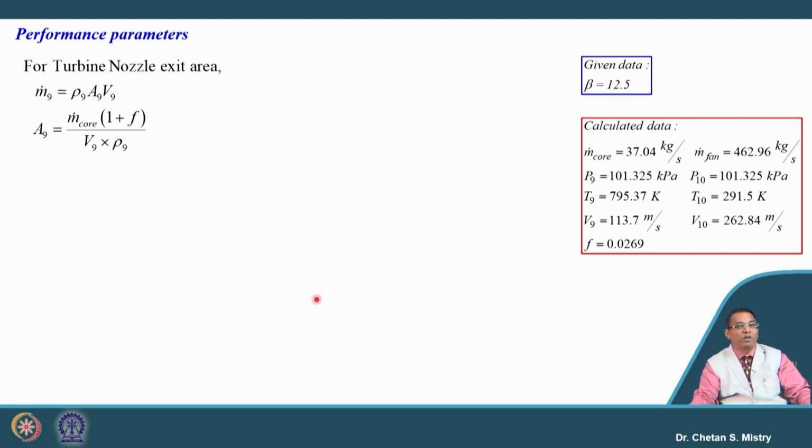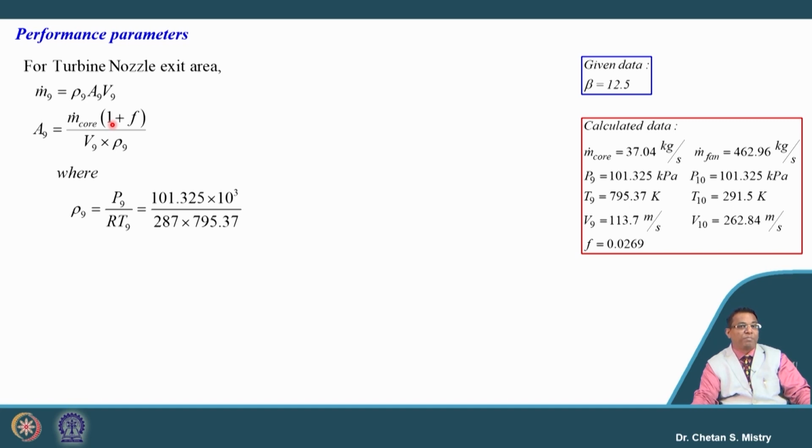Say for the turbine nozzle, we can write m dot core or m dot 9 as density into area into velocity. This m dot 9 we are writing in terms of m dot core into (1 plus f) into V9 into density. This density we can calculate based on static temperature and static pressure.